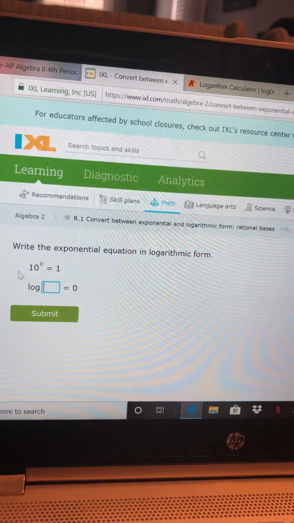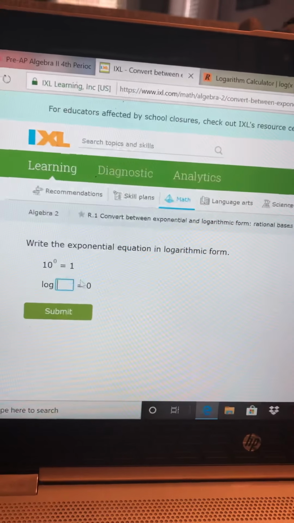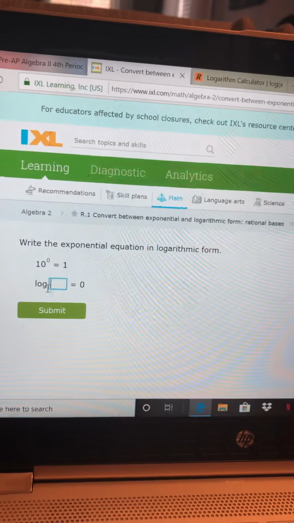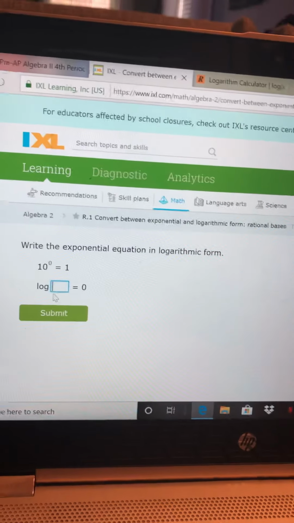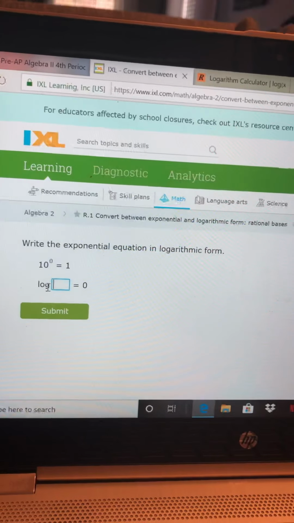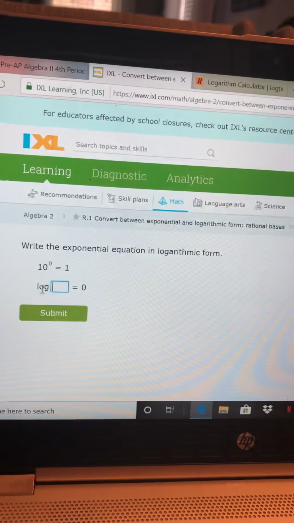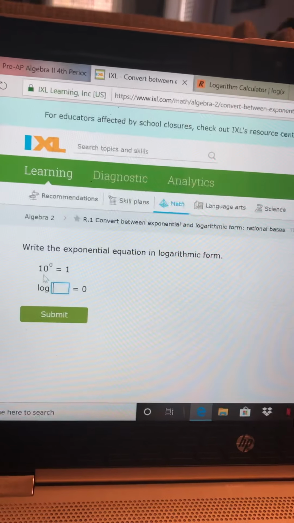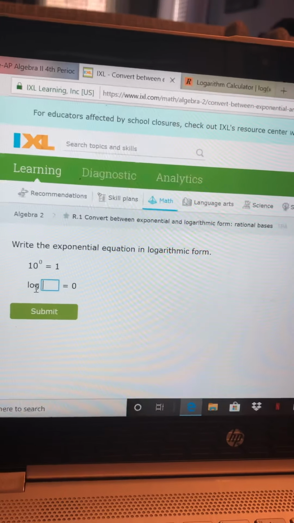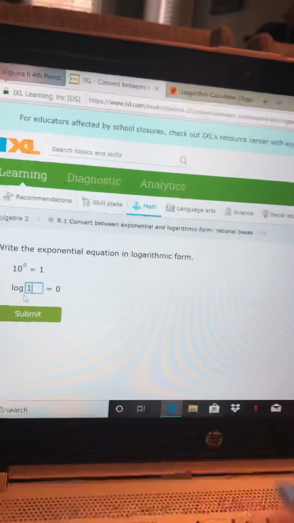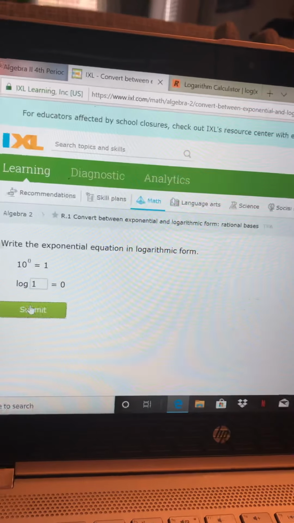Okay, here's one thing I do need to talk about. If there is no little number beside the word log, there's really a 10 there because 10 is the normal base that's used in logarithms. So in this problem, even though the 10 isn't down here, it is there. It's right here beside the word log. So the 10 has already been used, so the 1 is what goes in this blank.